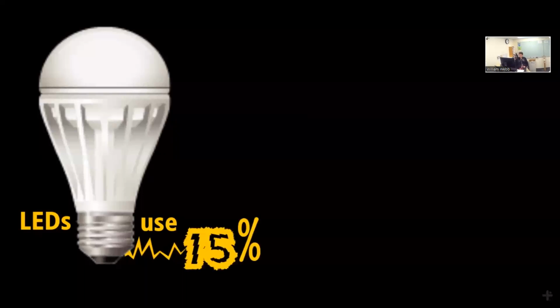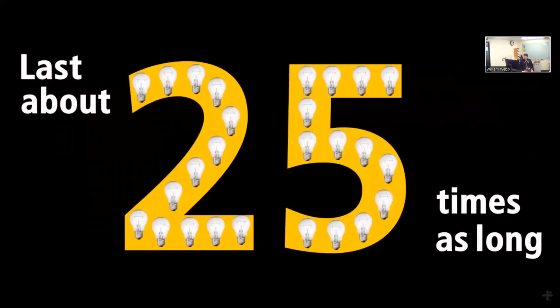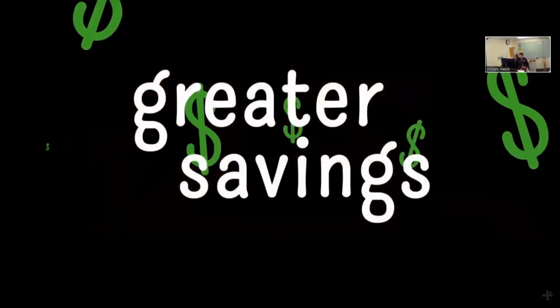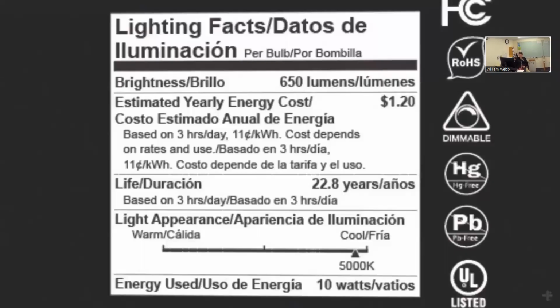LEDs use just 15% of the energy as typical incandescent bulbs and last about 25 times as long, resulting in even greater savings. Now, labels on light bulb packages clearly identify the number of lumens, the estimated yearly cost of the energy needed to light the bulb, its estimated lifespan, the approximate light appearance as it compares to traditional incandescent bulbs, and the amount of energy used.